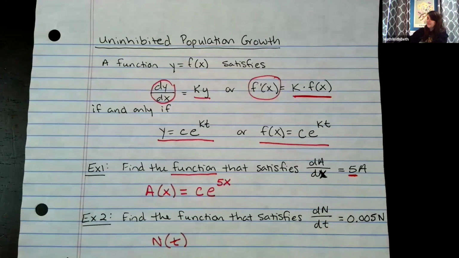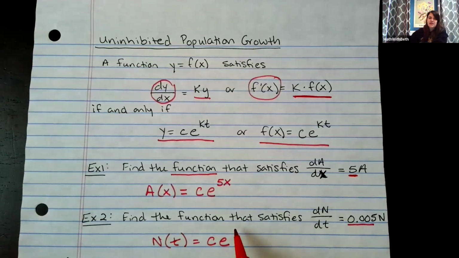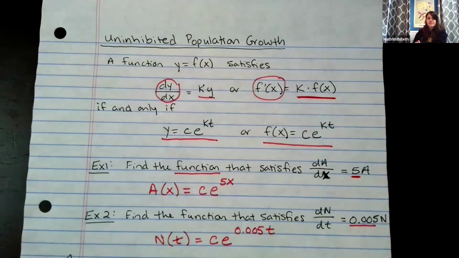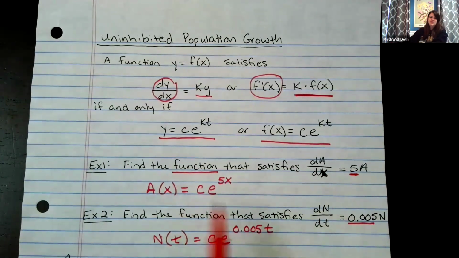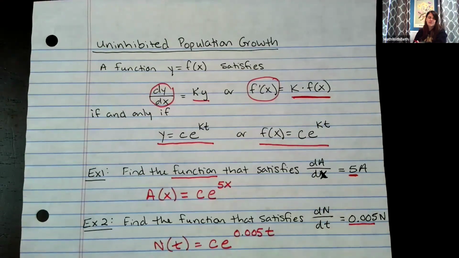That's fine. Because the derivative is some number times itself, I know it must be in the form c times e to the kt. It's just that my k must be that number. So these are the exact same. It's just that I use different letters depending on what letters they use to set up the derivative.